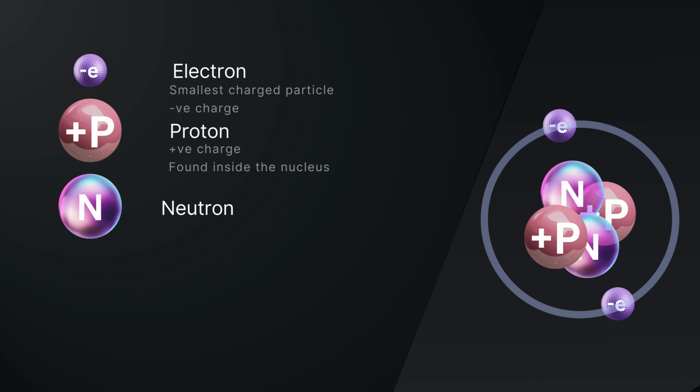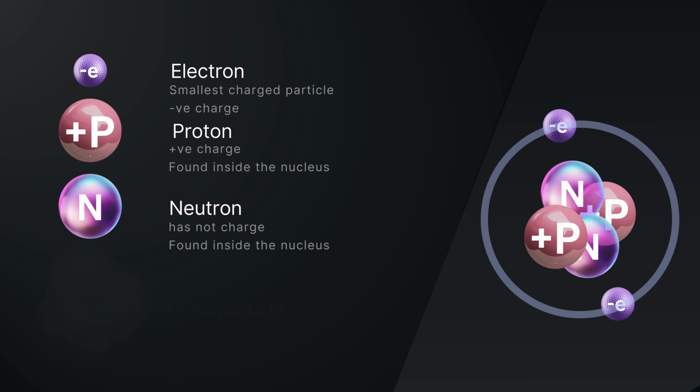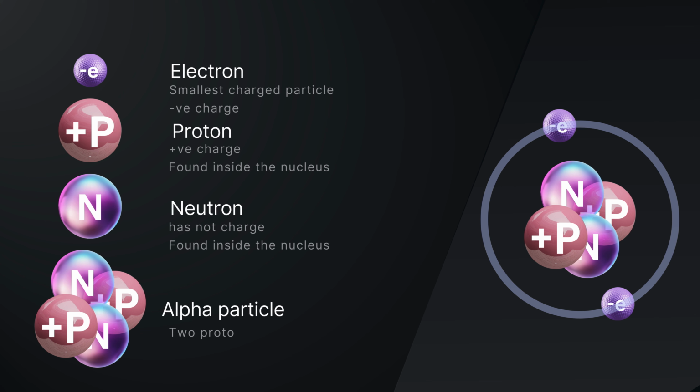The neutron is a neutral particle that has no charge. It exists inside the nucleus like the protons. The total number of neutrons and protons is called the mass number. This is because the atom mass is concentrated in its nucleus, as the electron mass is too small compared to other atom components. Alpha particle is 2 protons hand in hand with 2 neutrons.